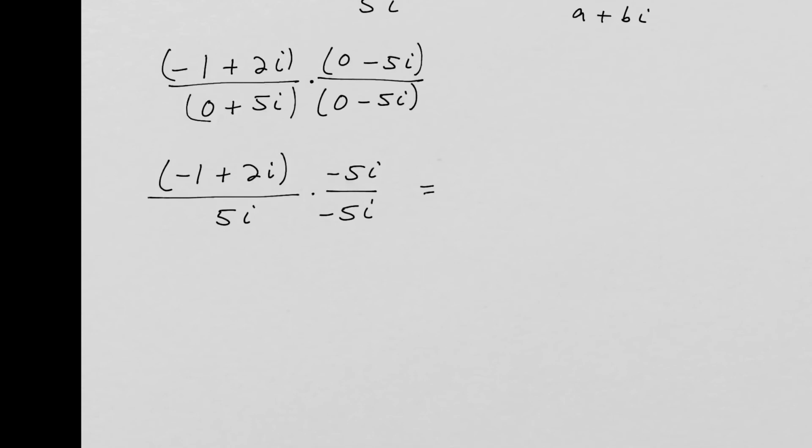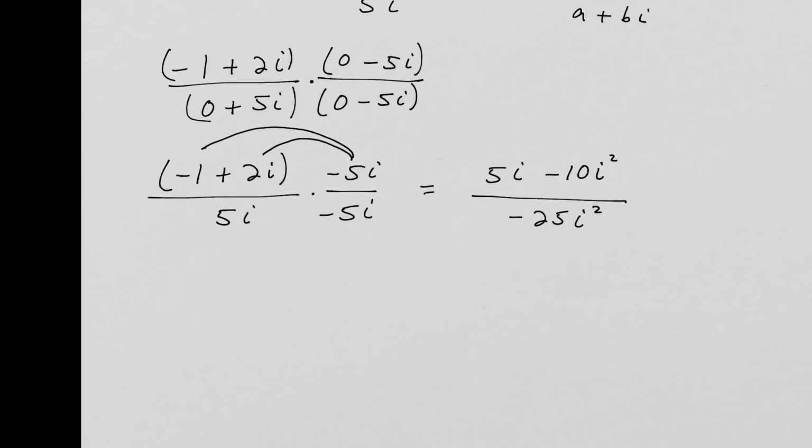Okay, so what does this give us? Well, I need to distribute in the negative 5i. So negative 5i times negative 1 is going to be plus 5i. And then negative 5i times 2i is negative 10i squared. And then in the denominator, I have 5i times negative 5i, which is negative 25i squared.